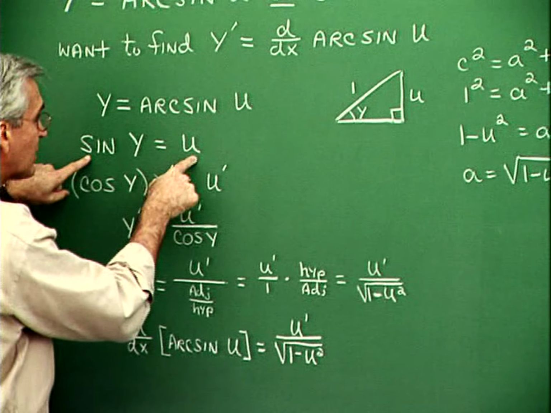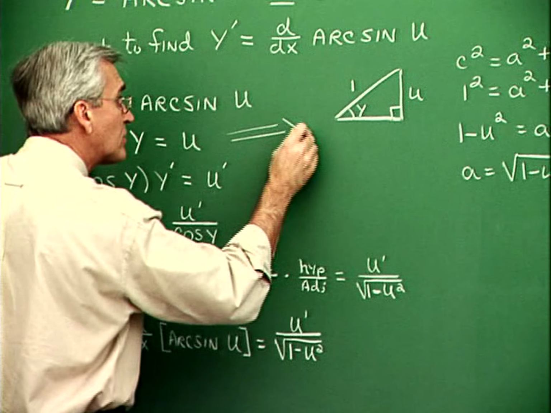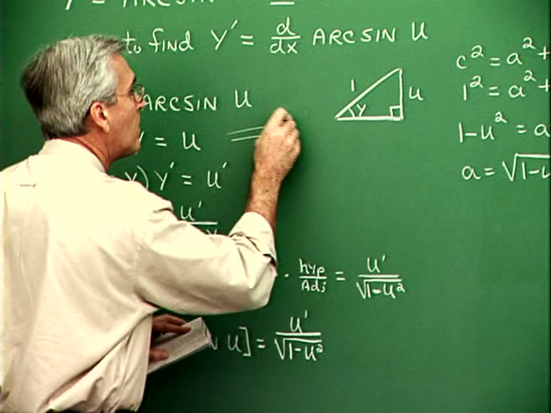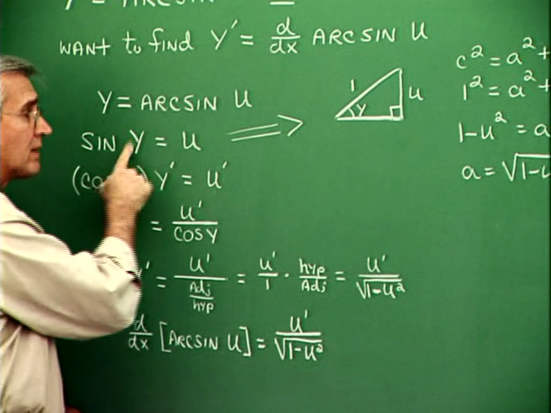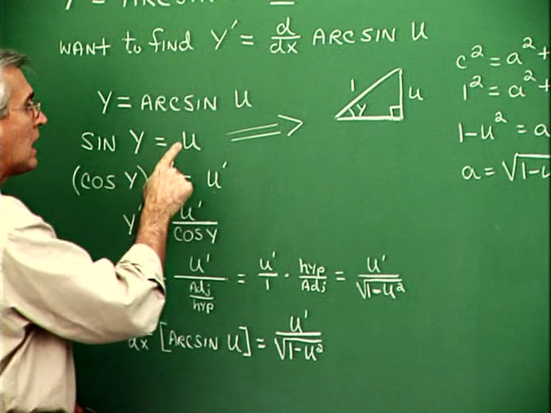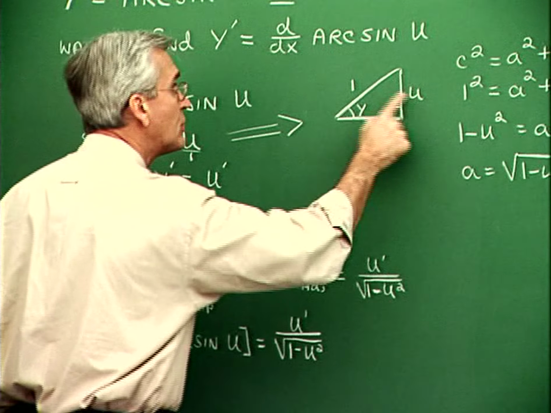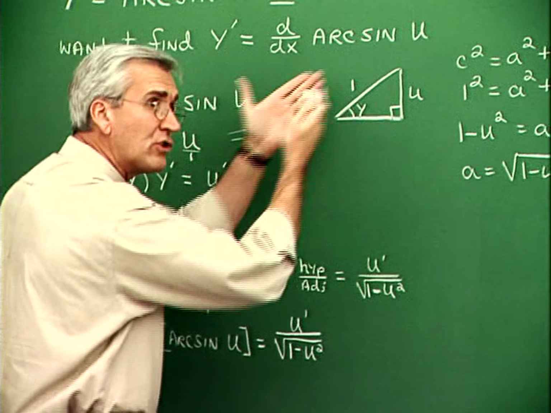Now remember, u is just u over 1, so we can think of it in a right triangle form. From the perspective of angle y, the opposite side over the hypotenuse is u over understood 1, so it's u over 1.